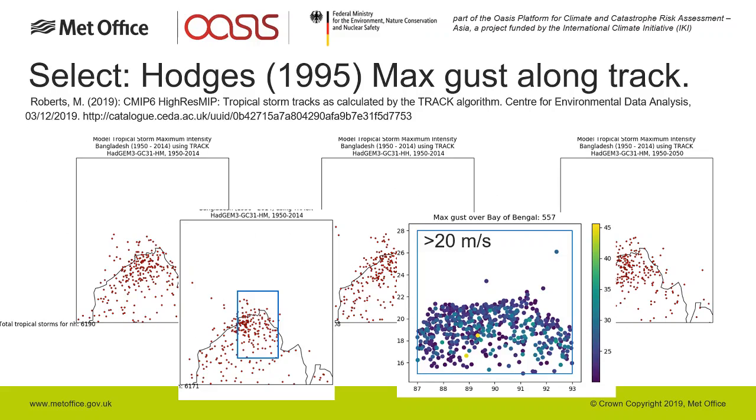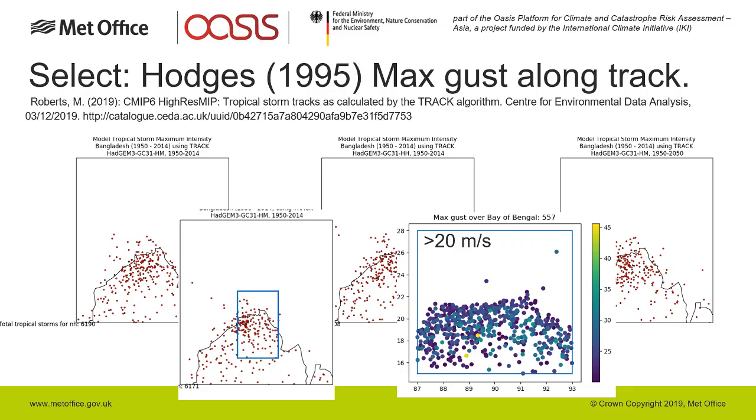We select storms in the following way. We utilize the Hodges maximum gust along a track. Hodges has defined a storm tracking algorithm that gives several pieces of information, of which of interest to us here is the maximum wind speed along the track at 925 hectopascal height.